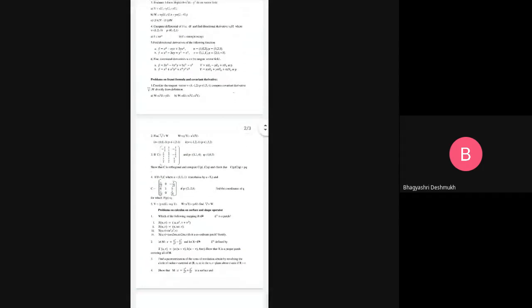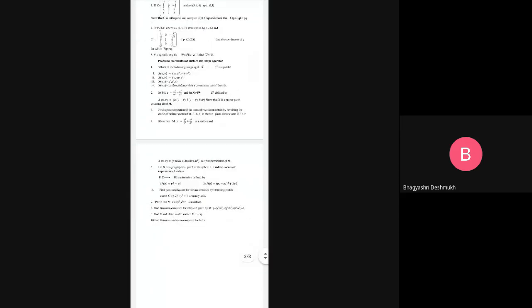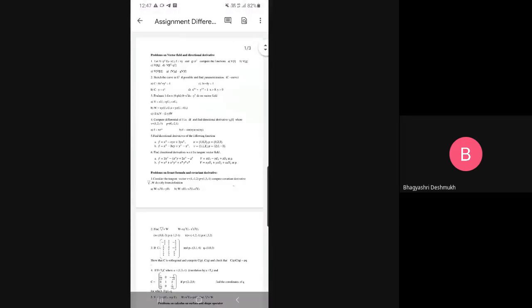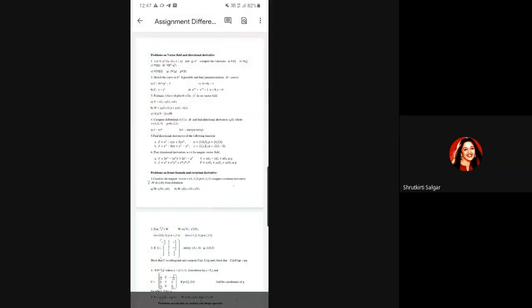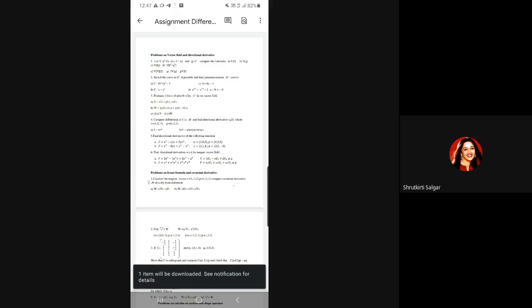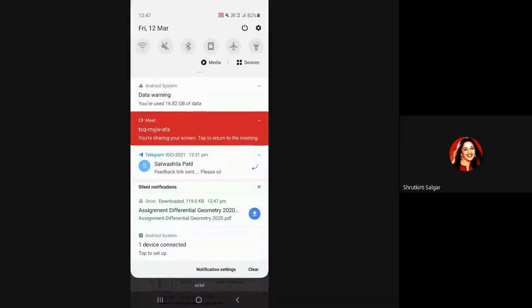Now you can see all the symbols very clearly, or you can even download it. Okay, you can see the option of download. After downloading, this will be downloaded.